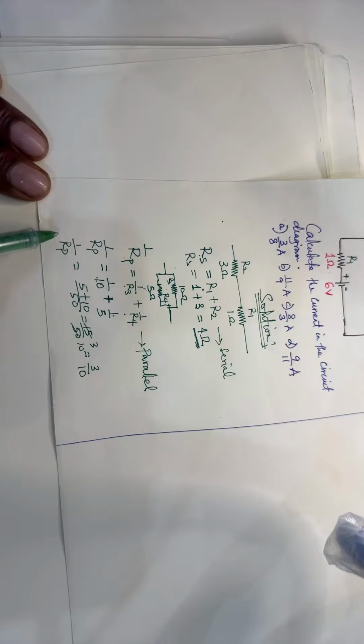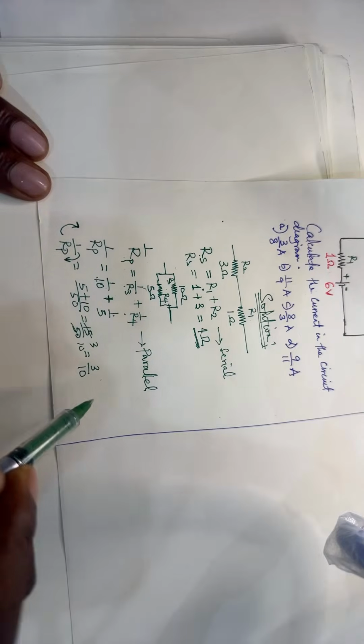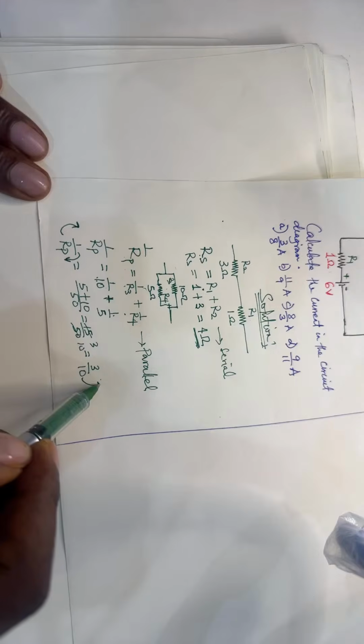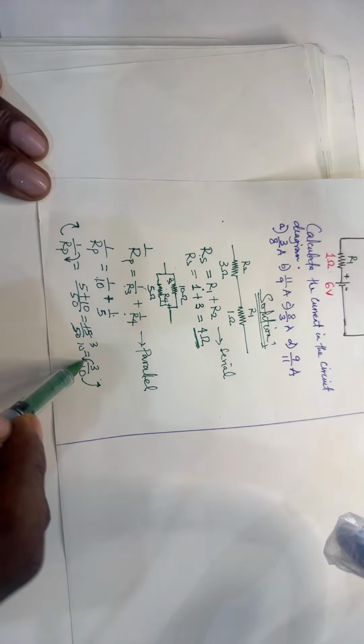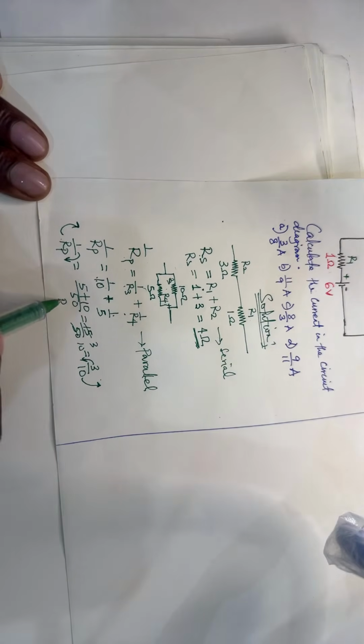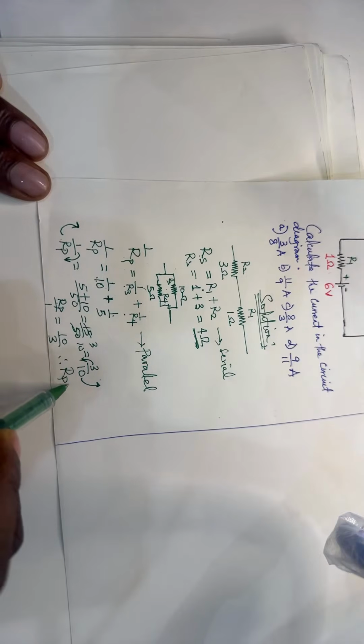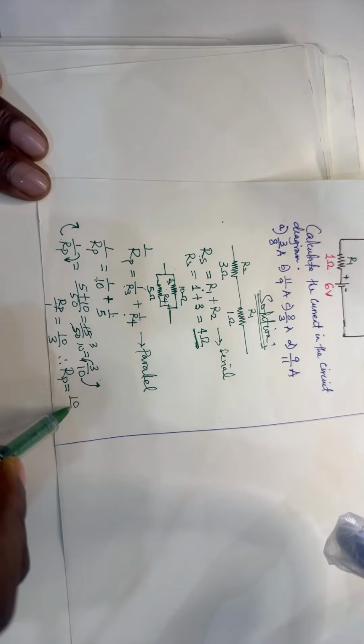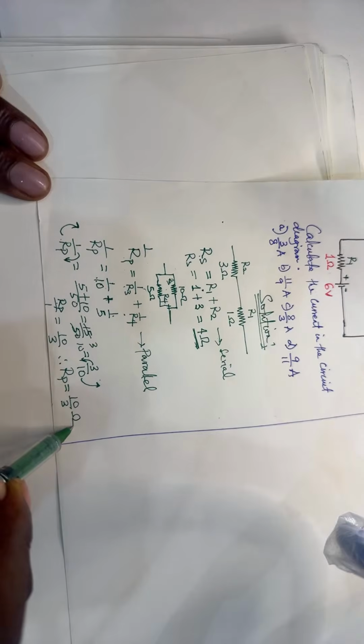So if I carry R parallel up, so that this one comes down, I make sure I carry 10 up, so that 3 comes down. So R parallel divided by 1 equals 10 divided by 3. Therefore, R parallel equals 10 divided by 3 ohms.